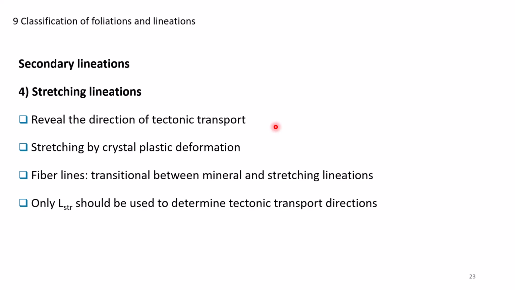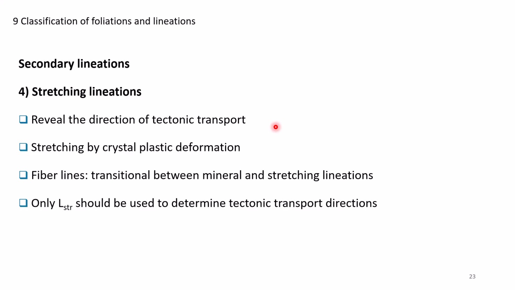But during tectonic displacement, minerals can grow in the direction of tectonic transport. So fiber lines are transitional between a mineral lineation and a stretching lineation. They form during stretching, during a displacement process, but they do not consist of a deformed mineral, because the mineral that forms the fiber lines actually grows in this fibrous shape and may well be undeformed.